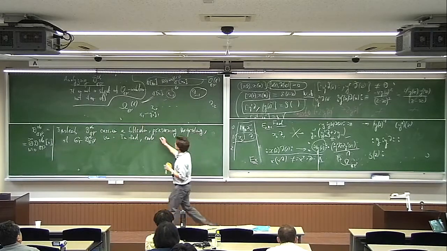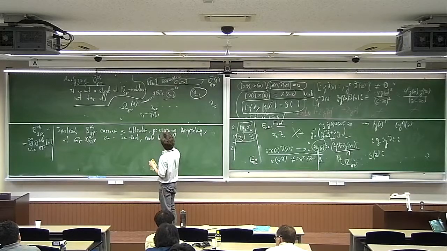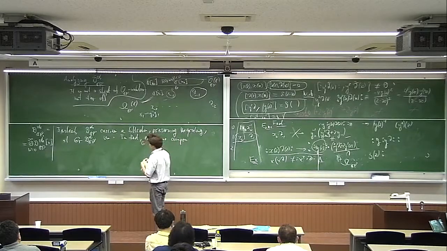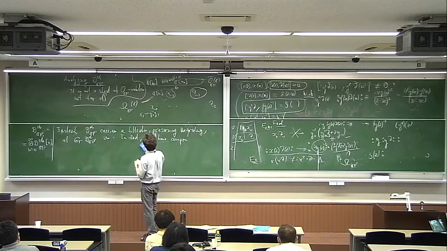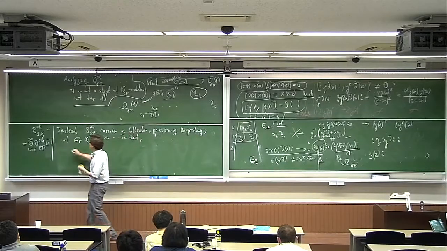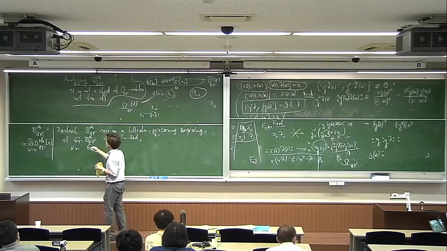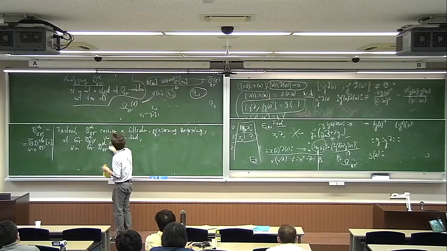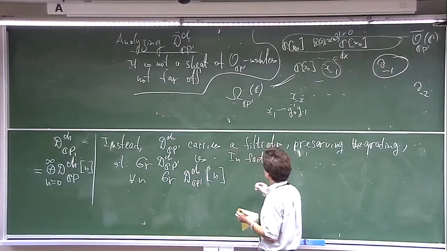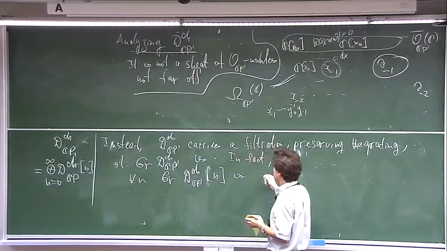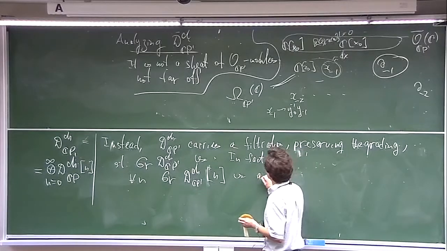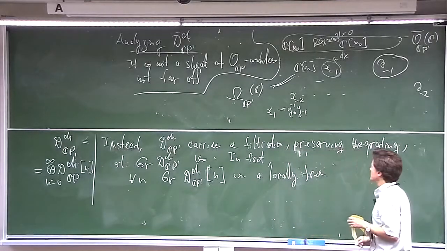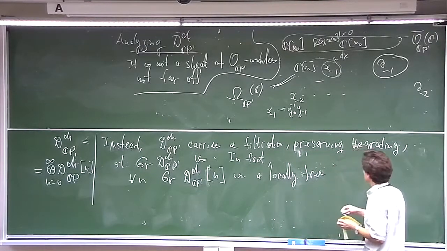So in fact, each homogeneous component, in fact, I can even write it now. For any n, the graded piece of D chiral CP1 is a locally free, finite rank sheaf.